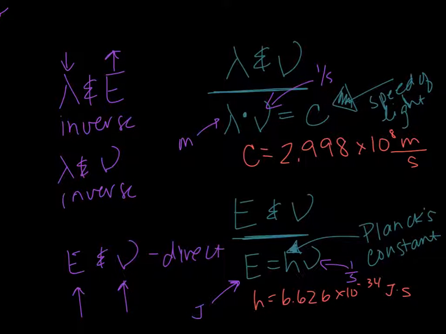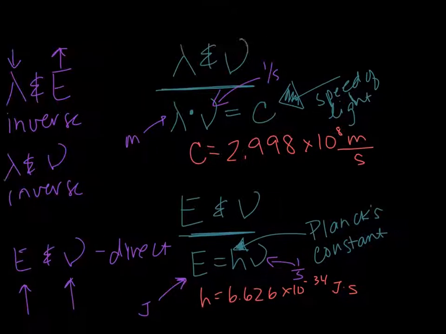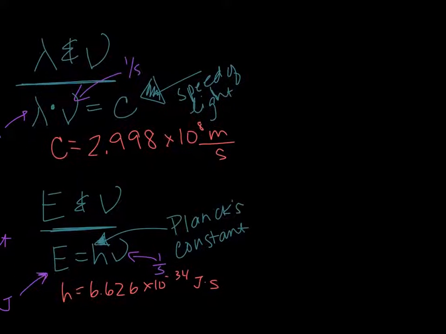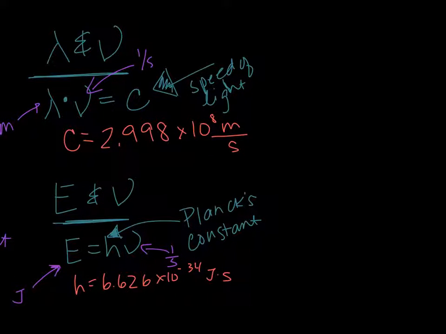All right, and then there's one more, and it is between energy and wavelength. If we look at these two equations, I can come up with a relationship between energy and wavelength by substituting in what frequency is up here, and frequency would be equal to C divided by the wavelength.